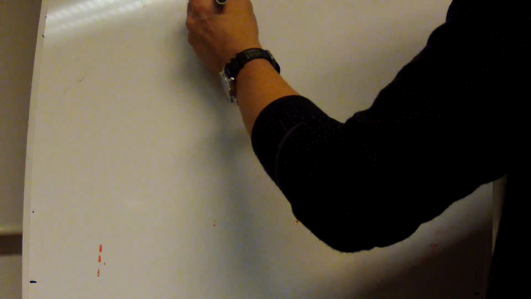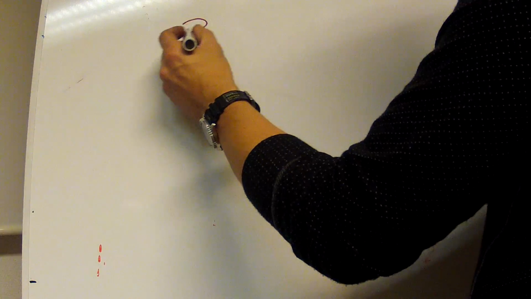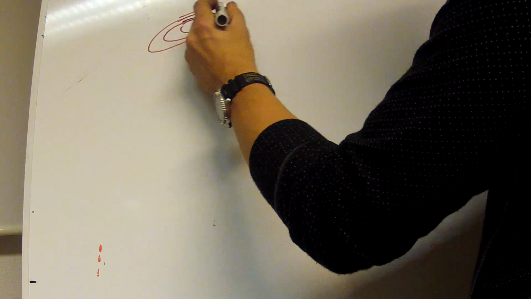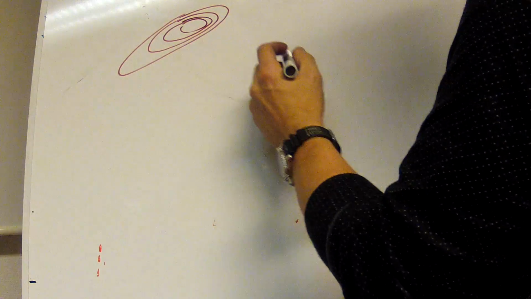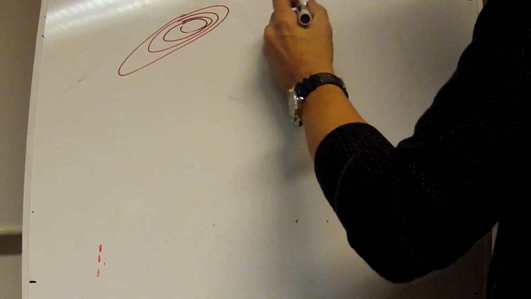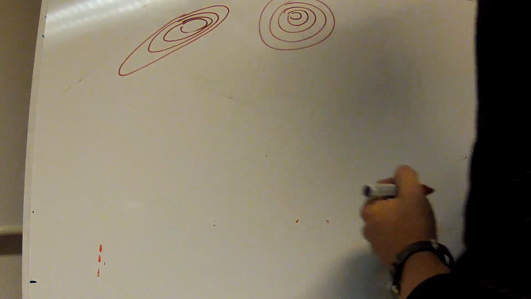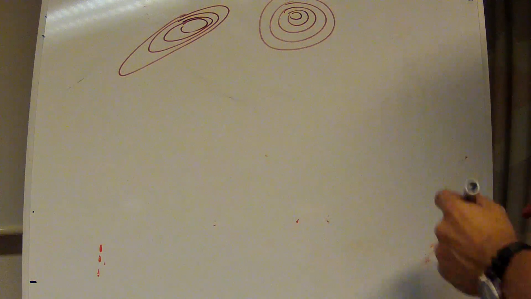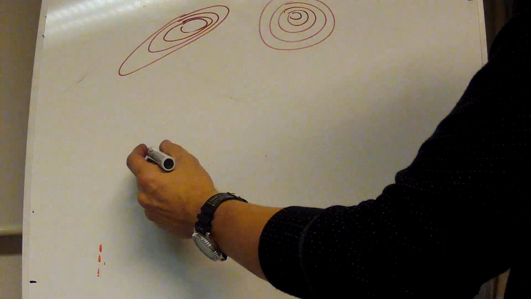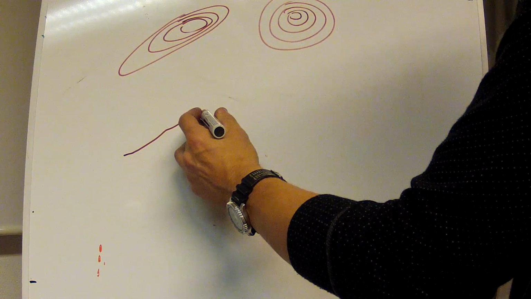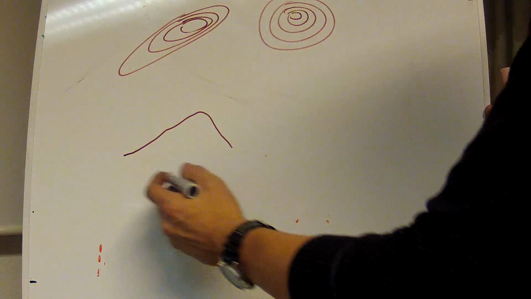On a map you will see objects looking like this maybe. So like that. This is a mountain looking like this, a little steeper on the other side.